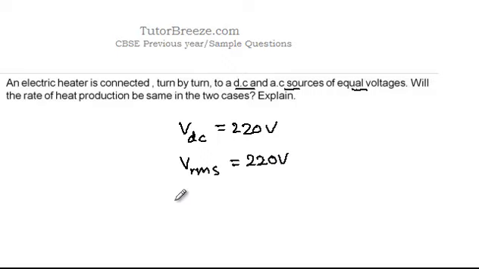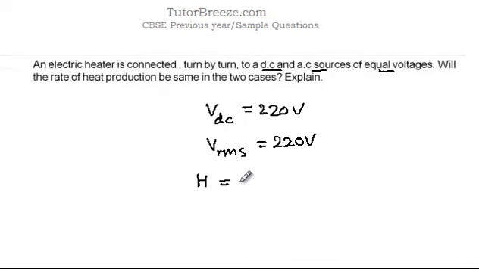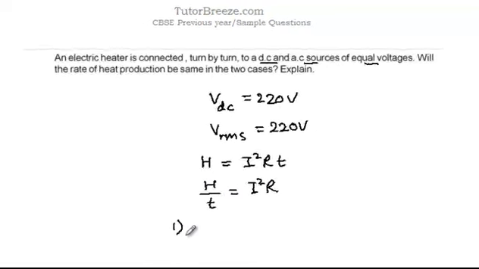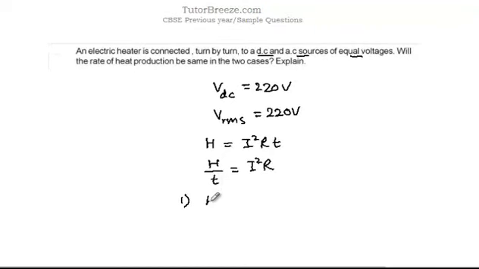In that case, the heating is going to be given by I squared R times T. So the rate of heat production will be equal to I squared R. Now for the first case, when we are using a DC source, the rate of heat production H by T can be written as I squared R, which we can write as V squared over R.